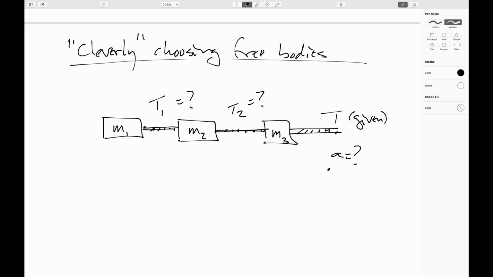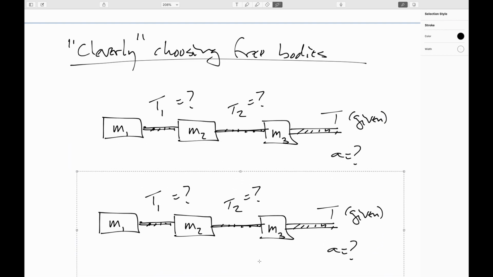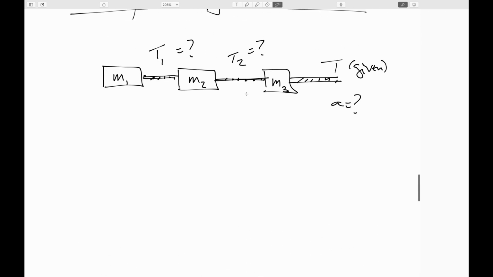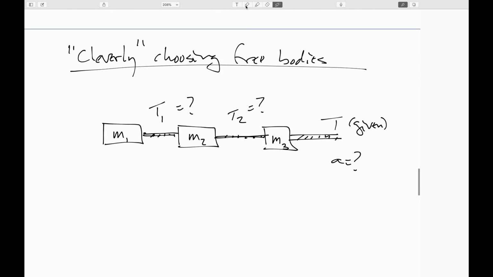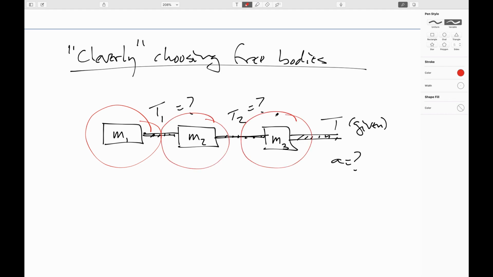So let me show you. Actually, let me copy this and make a copy of it here. Copy, paste, move that one down, say there somewhere. Okay. So I want to be abundantly clear. There's absolutely nothing wrong with doing these the way we've been doing them, which is where you choose your free body sort of the obvious way, like so.